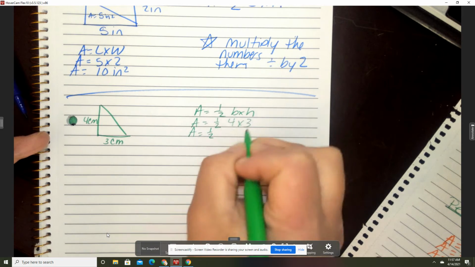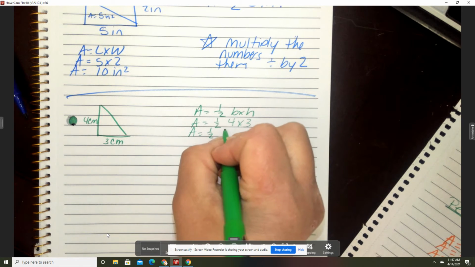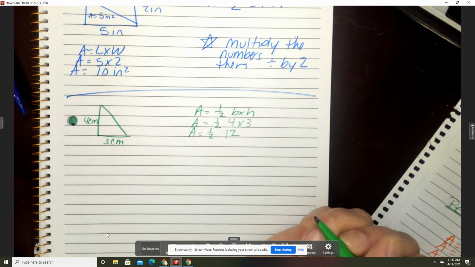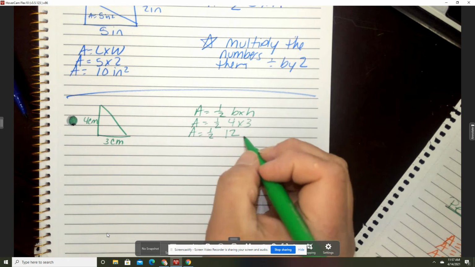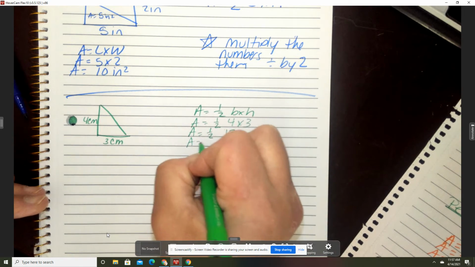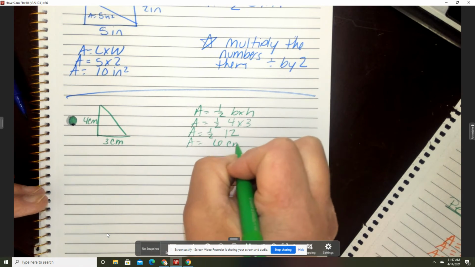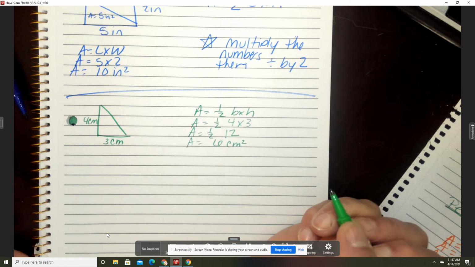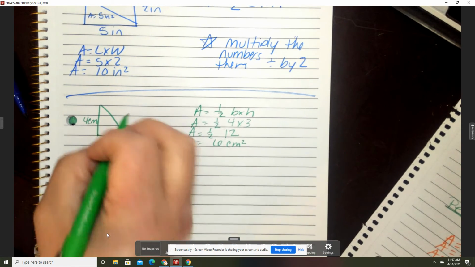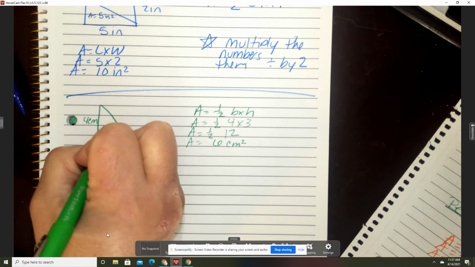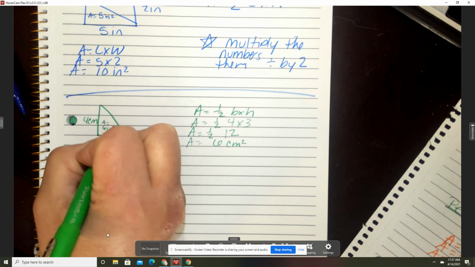Now on this row, I'm going to say half of 12, because 4 times 3 is 12. So half of 12 would be 6. So 6 centimeters squared. So this triangle right here is 6 centimeters squared. That is what the area is.